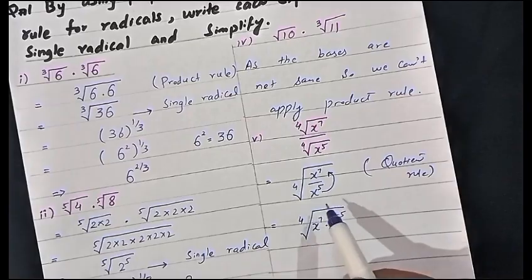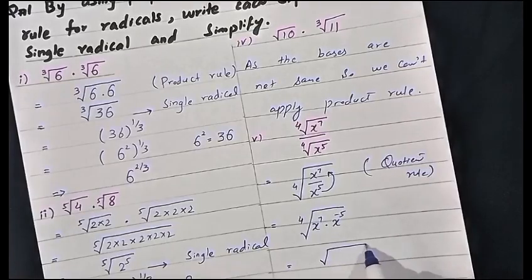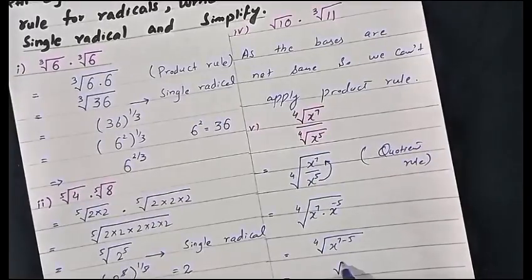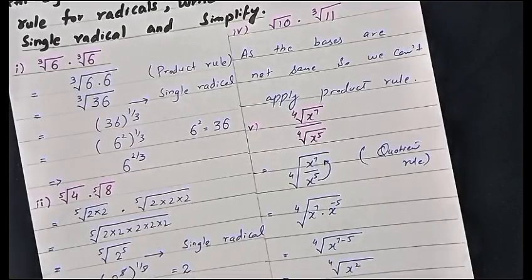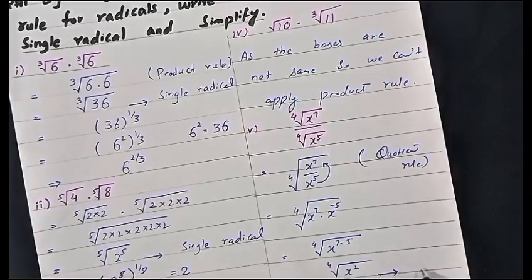Now we will apply the product rule law, that is, if bases are the same we can add the powers, so we can write x power 7 minus 5 with the index 4, that is x square with index 4.